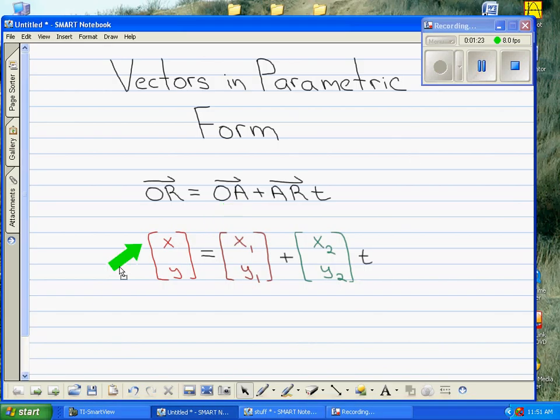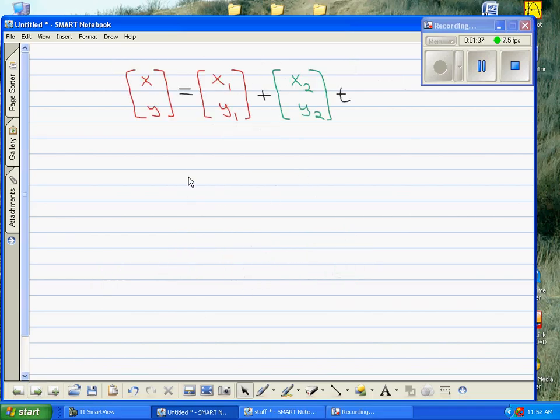So to find the parametric form of this vector is very, very simple. First thing I'm going to do is take this vector and transfer it over to the next page. There we have it.